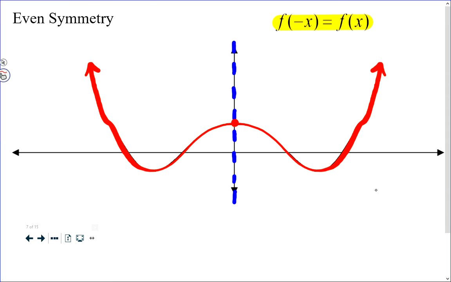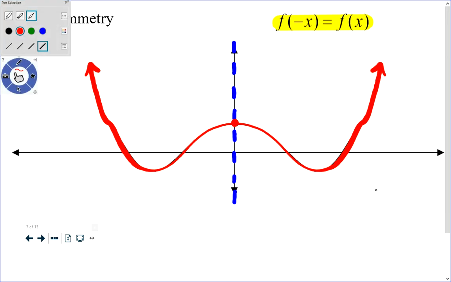Now, what's the deal with this highlighted thing at the top, which says f of negative x equals f of x? Okay, well, I'm going to come up with the coordinates of a point. I'm going to label a point on this graph. And let's label this point right here. I'm going to say that the coordinates of that point are 12, 3.